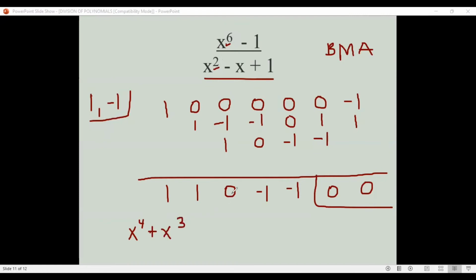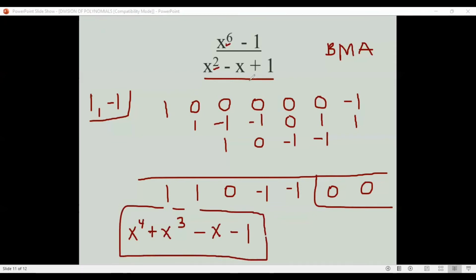It should be 0x raised to the second power, so we may not write that anymore. So we have now x simply for this one, and then of course the constant, which is a negative 1. So this is now the answer for your problem, x raised to 6 minus 1 all over x squared minus x plus 1.